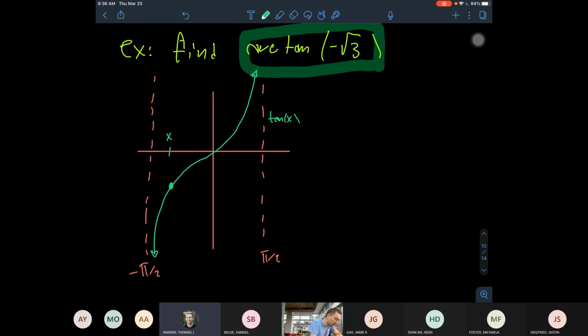So this point here would be the point x comma negative square root of 3. And I'm interested in what is the value of x.